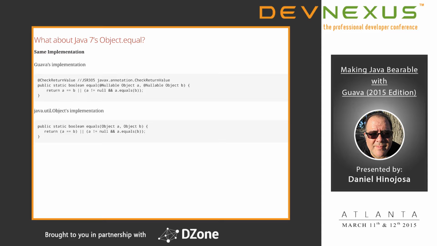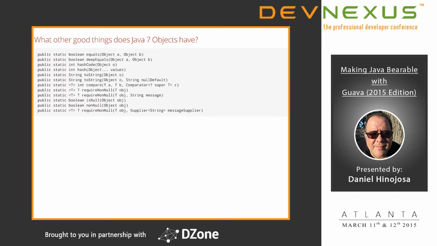So here's the Guava implementation, where you have a static boolean equals, bring in two objects, and here's the logic behind it. So I'm wondering if the JDK people were like, wow, that Guava implementation's right on the money. But that way people don't think I plagiarized it, I'm just going to add a parentheses around that.